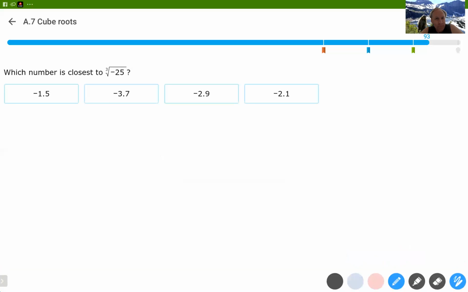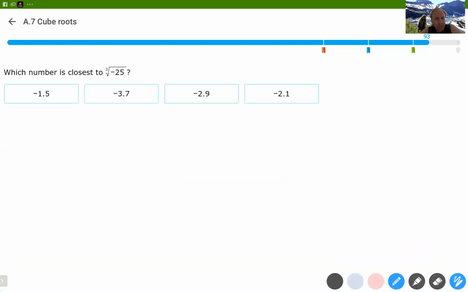Ooh, negative 25. So negative 27 is negative 3. And the cube root of negative 8 is negative 2. Now let's see if we can figure this out. We want negative 25, so we're a lot closer to negative 3.